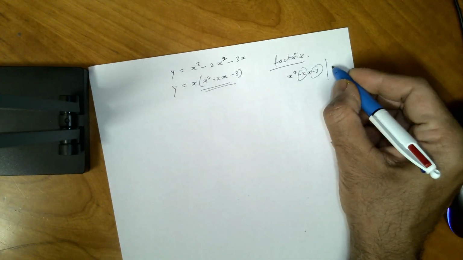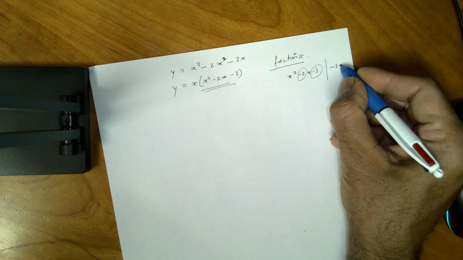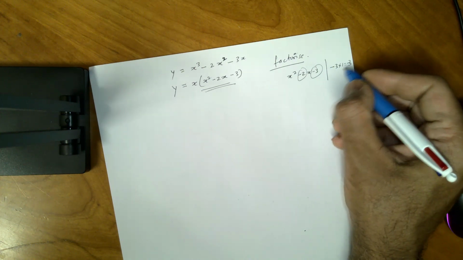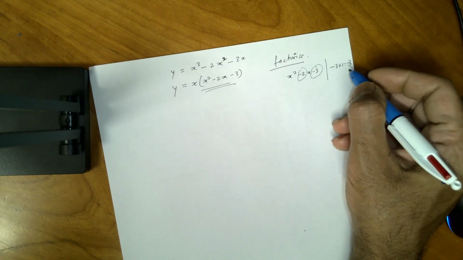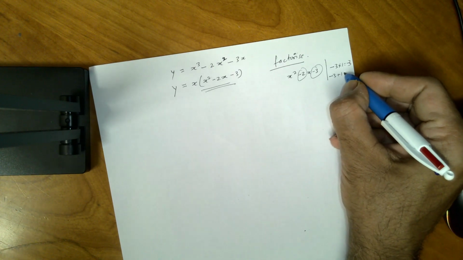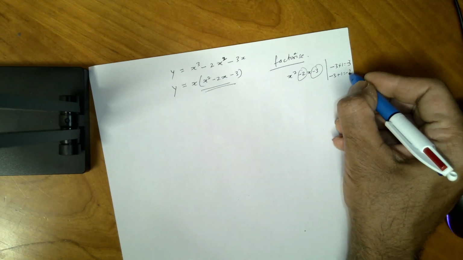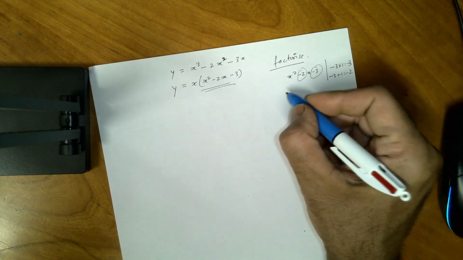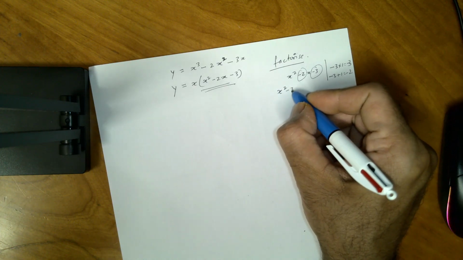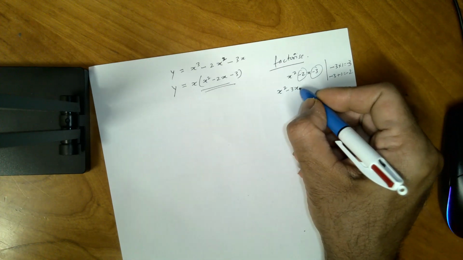So we can say minus 3 multiply 1 is minus 3, and minus 3 plus 1 is equal to minus 2, right? Once we know this, let's factorize this.